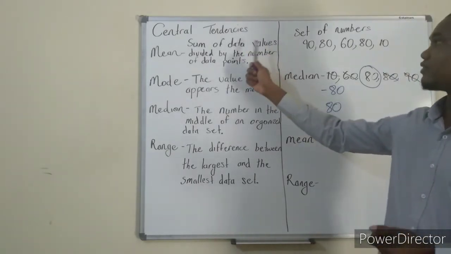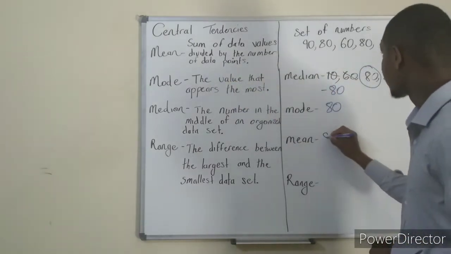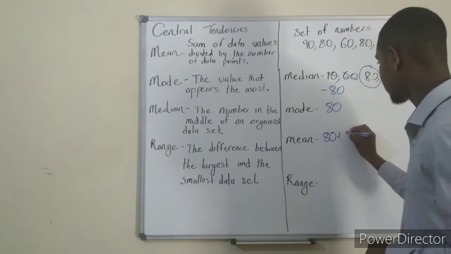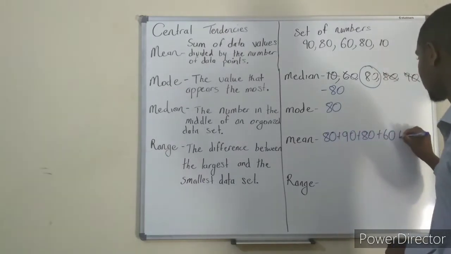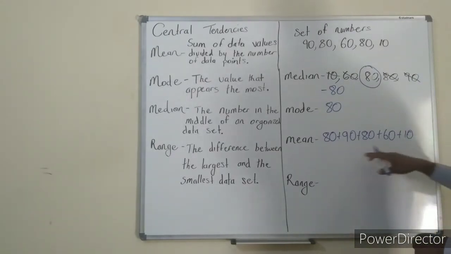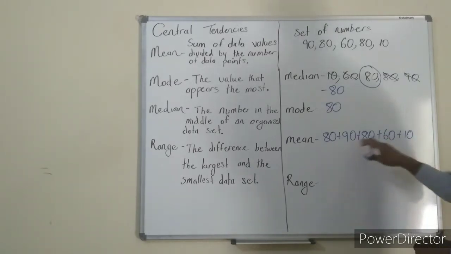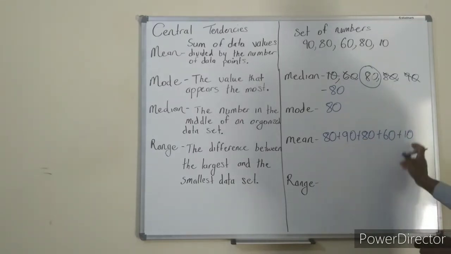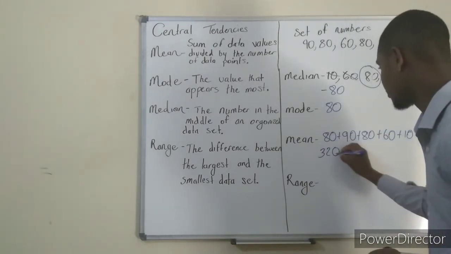Mean. Sum of data values divided by the number of data points. So add all of these together: 80 plus 90 plus 80 plus 60 plus 10. When you add all 5 of these, 80 and 80 gives you 160. Plus 90 and 10, that's 100. So 160 plus 100, that's 260. Plus 60, that's 320.